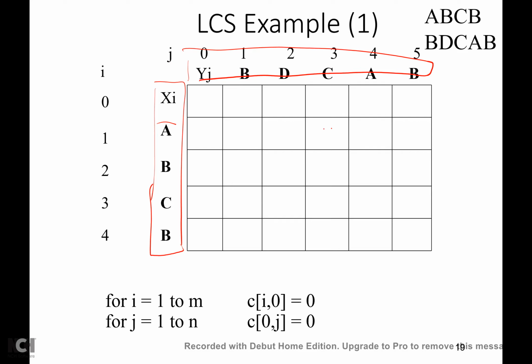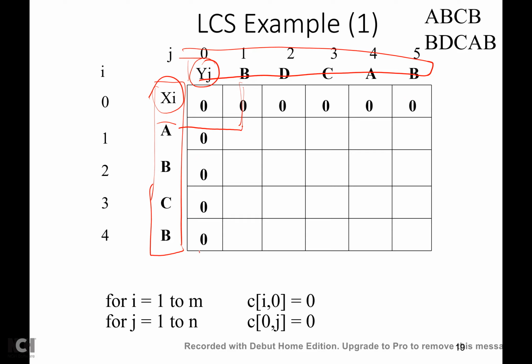When we fill this table, each entry corresponds to the optimal solution for the subsequences xi and yj, right? So first, we initialize the first row and first column to be 0. The reason is, if index i or j is equal to 0, it means one of the sequences is empty.